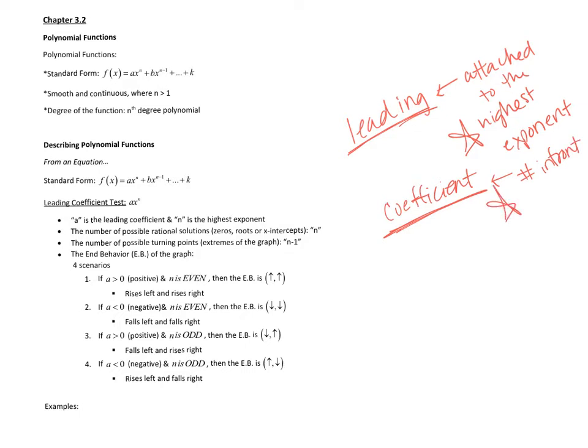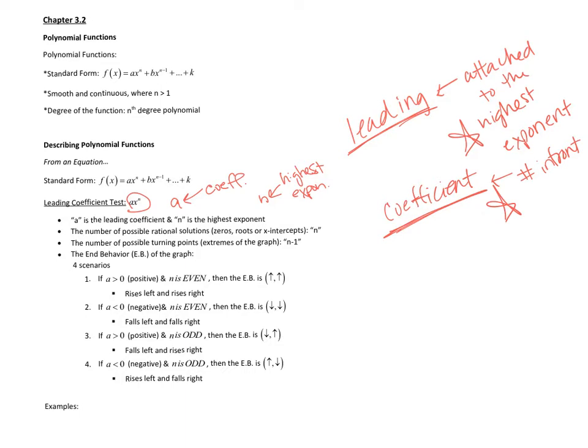So I'm going to look at two values. That's why we look over here. We call it ax to the n. So I would look at the a as the coefficient and the n as the highest exponent. Okay? So when doing this, I can come up with different ways to describe the polynomial.